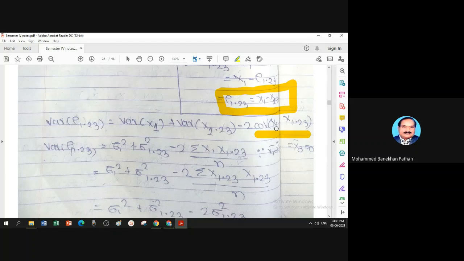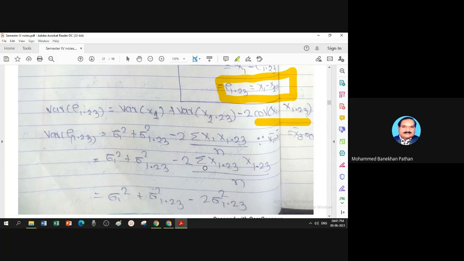So covariance of x1 comma x1.23 is nothing but summation of x1 multiplied by x1.23 upon n minus 2, summation x1.23 x1.23.